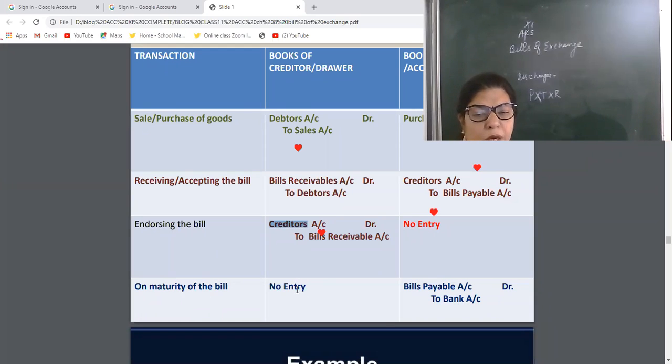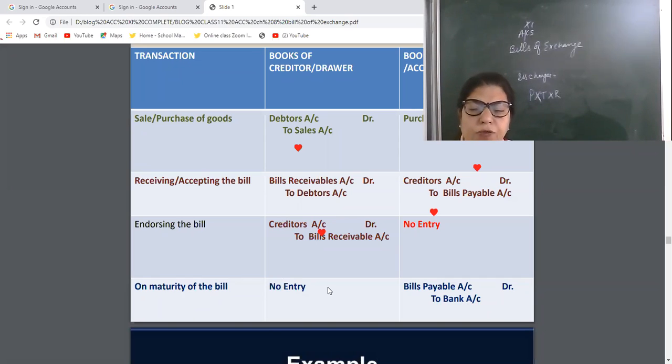Now my question is, why will the drawer not pass any general entry here? Because he has endorsed this bill to the third party, so now he doesn't have any right to take the payment again.